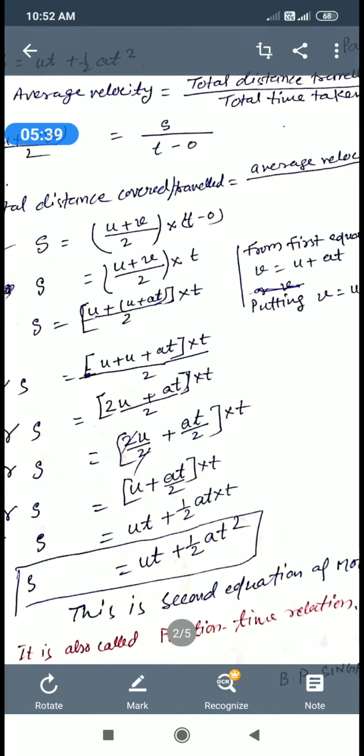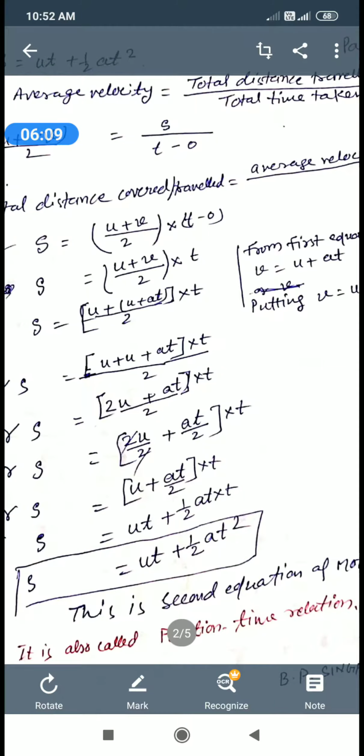Now putting the value v is equal to u plus at in the above equation, the equation becomes s is equal to u plus u plus at in brackets, divided by 2, multiplied by t.